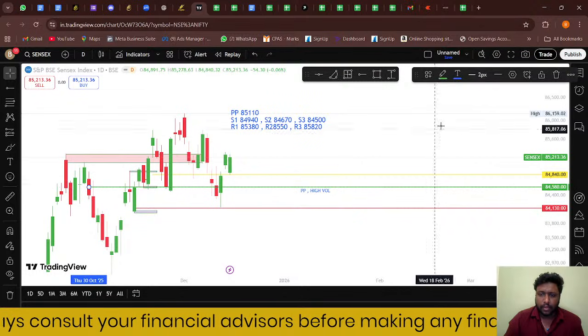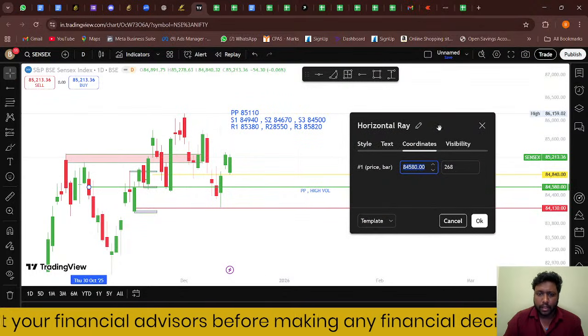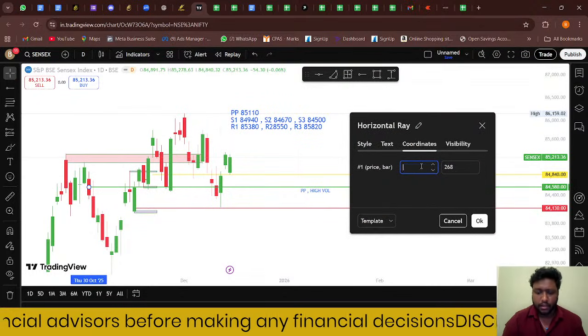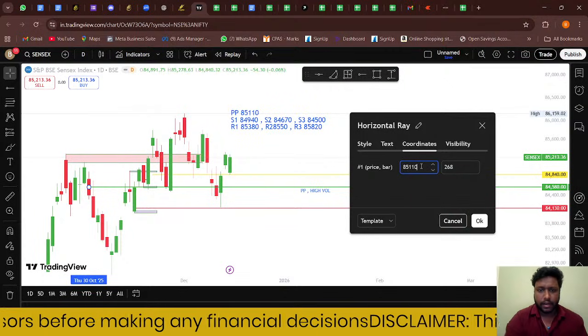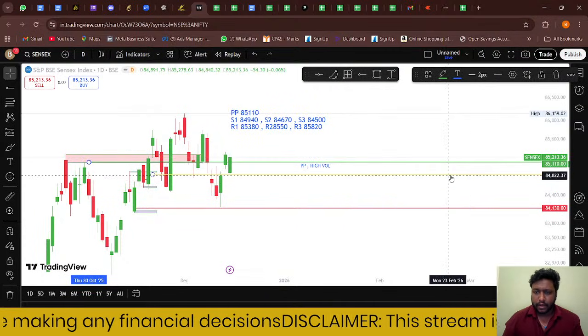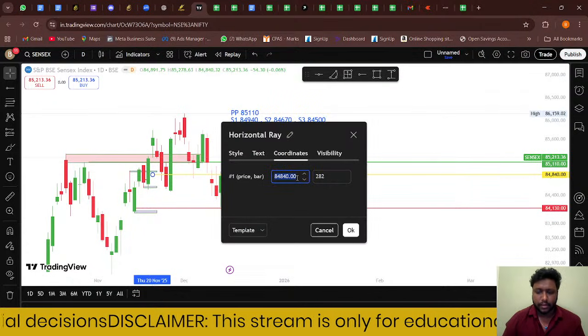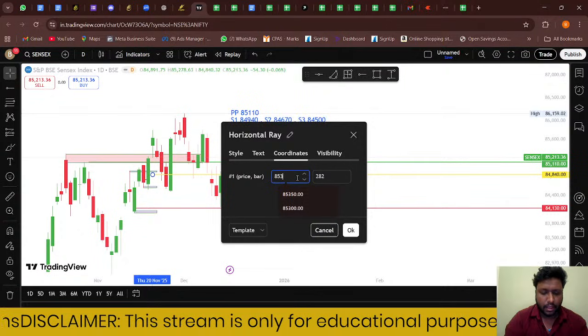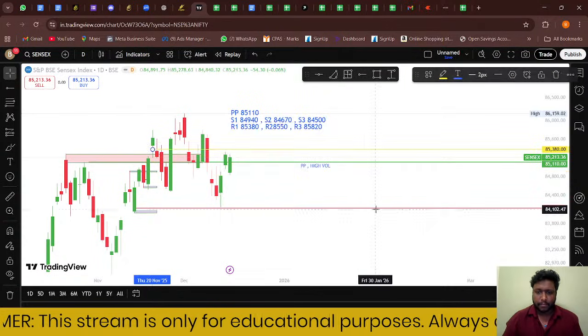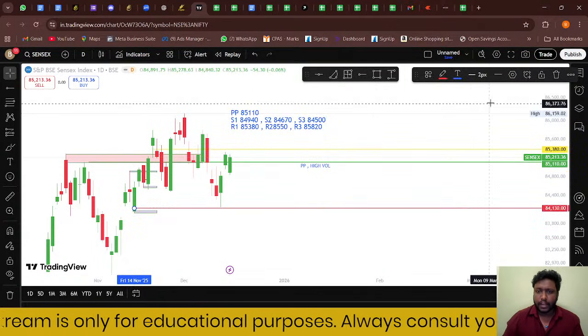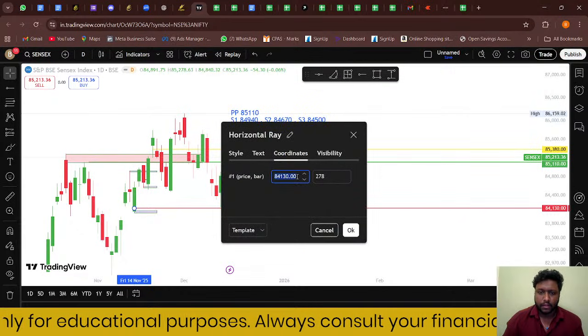We'll mark off the pivot line, which is at 85,110, the first resistance at 85,380, and support at 84,940.